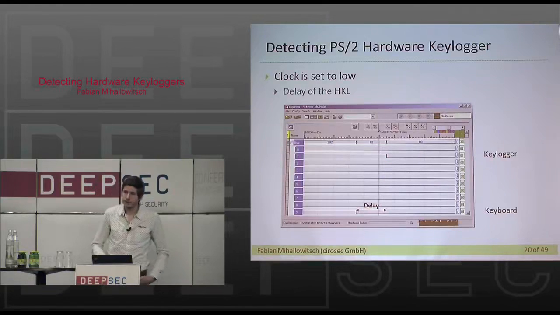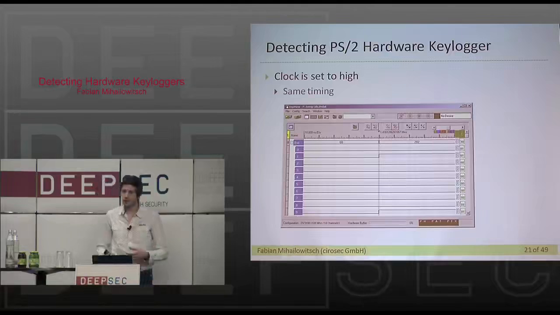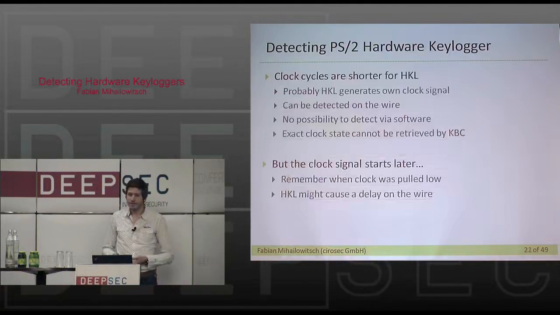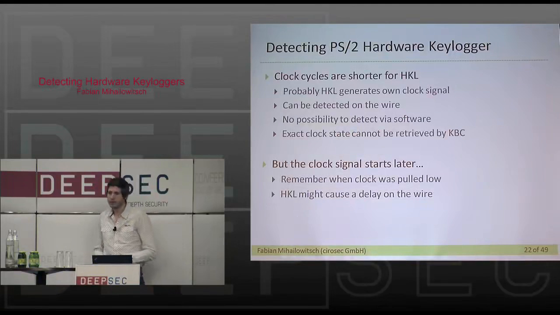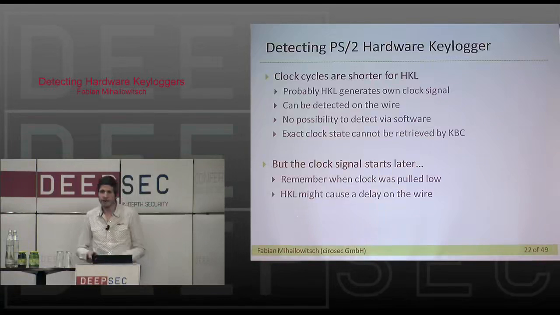Once it is pulled back to high, in that sample, it is at the same timing. So what we can see out of this is the clock cycles are shorter once the keylogger is present. Which, like I mentioned, is probably because the hardware keylogger just sends the data again and does its own clock signal and stuff. And you can detect it on the wire.